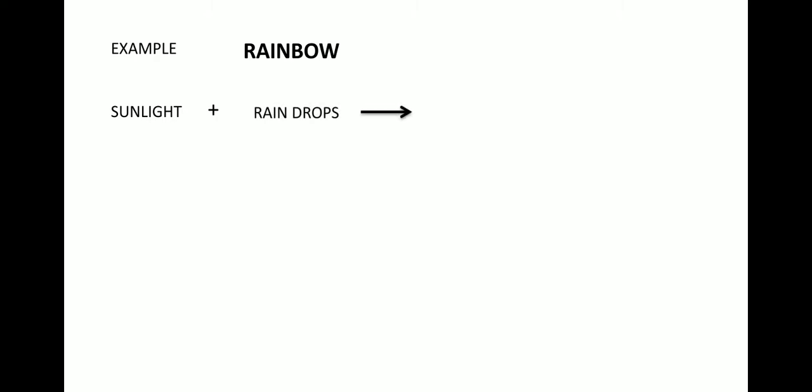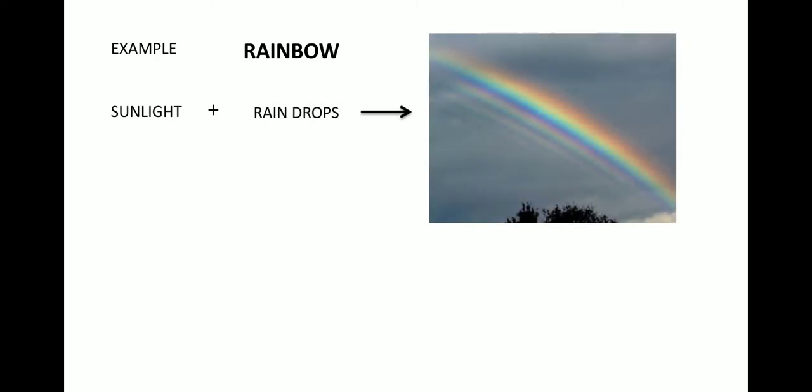In nature, we see this kind of formation of spectrum in rainbows. When the sunlight passes through the raindrops, we can say that sunlight plus raindrops will give us the rainbow. Alright.